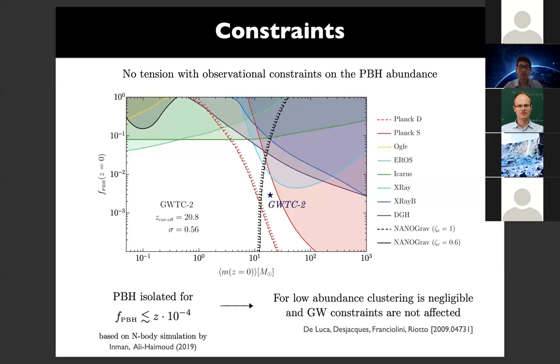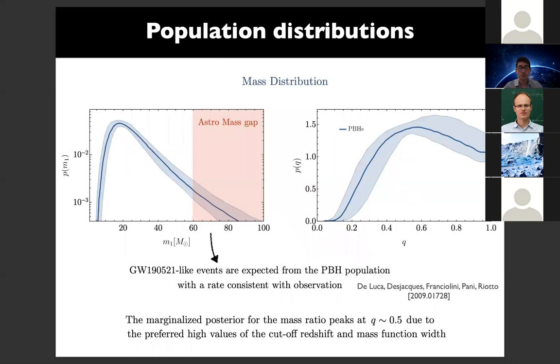So we have said that the constraints perfectly allow this scenario, and now we want to see what the predictions are for the population that we are considering. At first, we can describe the mass distribution. On the left, we show the marginalized posterior for the primary component masses. And as you can see, this curve has a tail which reaches very large masses, around 80 solar masses or so.